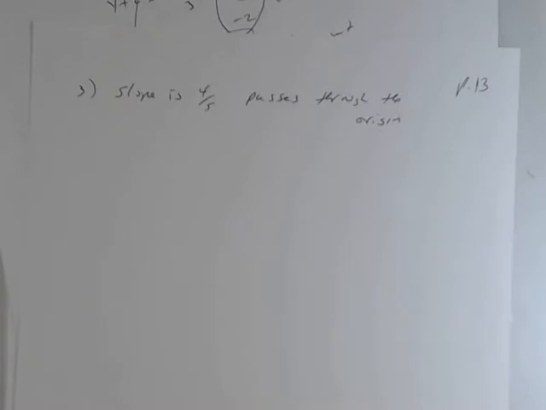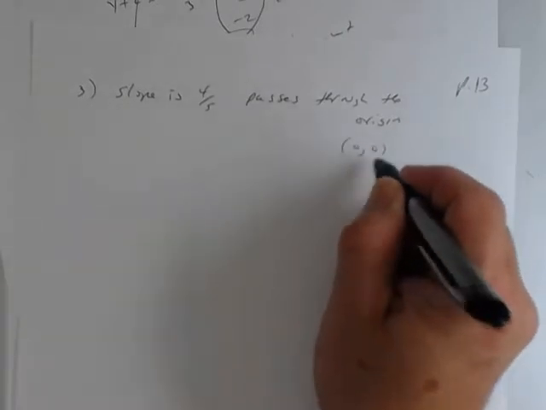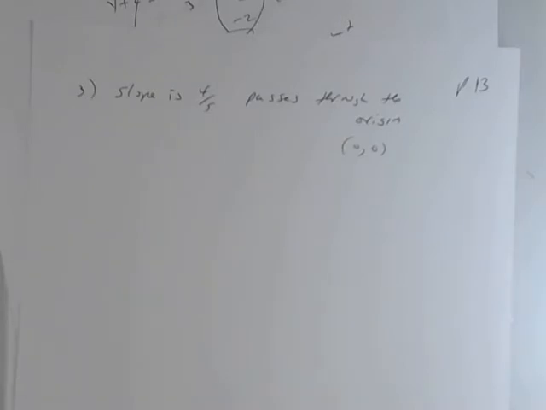In the previous two, you were given the slope and a point, correct? All right. Now, here you're given the origin. What point represents the origin? 0, 0.